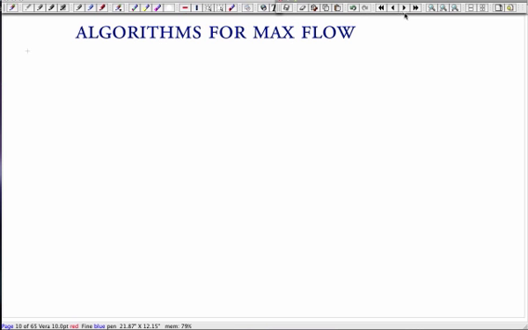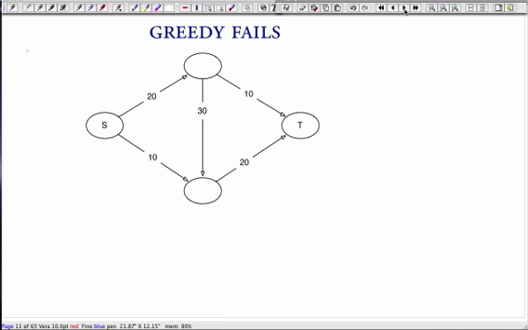Now your natural instinct, after having just studied greedy algorithms, is that we could probably find a greedy algorithm for this flow problem as well. And we're almost correct. The algorithm is almost greedy. There's just one little twist in it, and let's try to understand why we need that twist. I'm sure that Nathan went over this particular example.